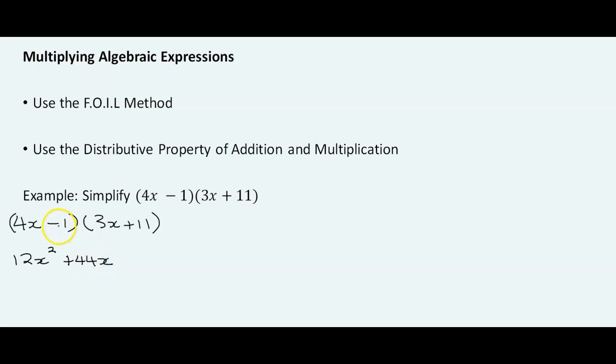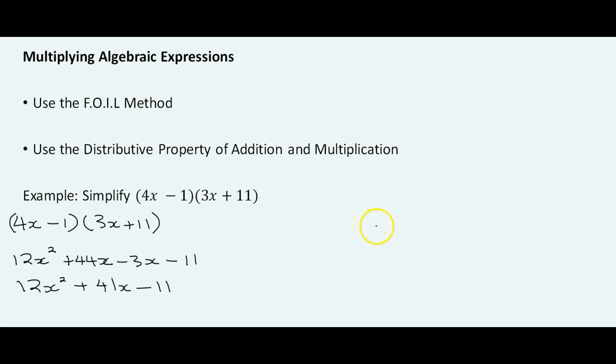Your inner terms, minus 1 multiplied by 3x, minus 3x. And then your last terms, minus 1 multiplied by 11, minus 11. And now we're going to group common terms and simplify them. So we have 12x squared plus 41x minus 11.